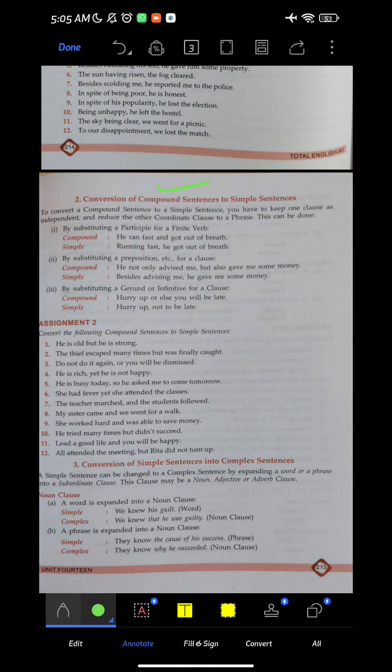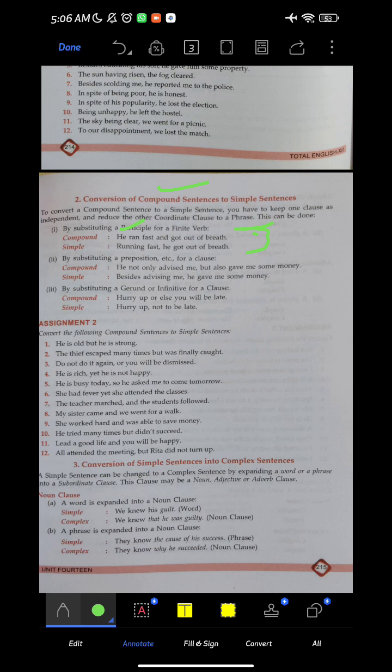Exactly as in the first example: he ran fast and got out of breath. We have changed the first verb ran into the present participle: running fast, he got out of breath.